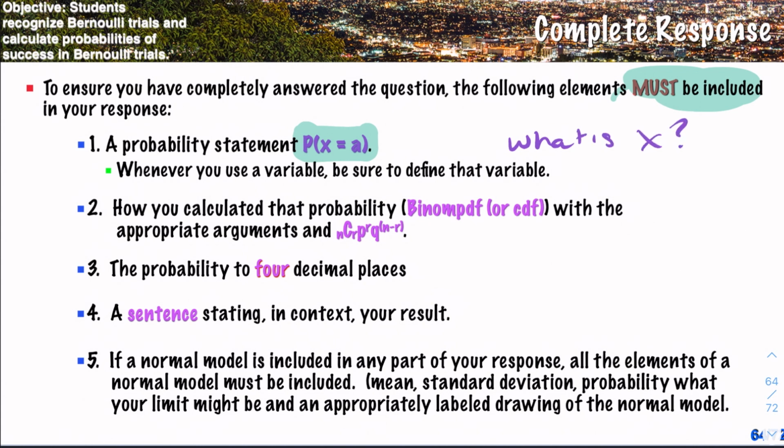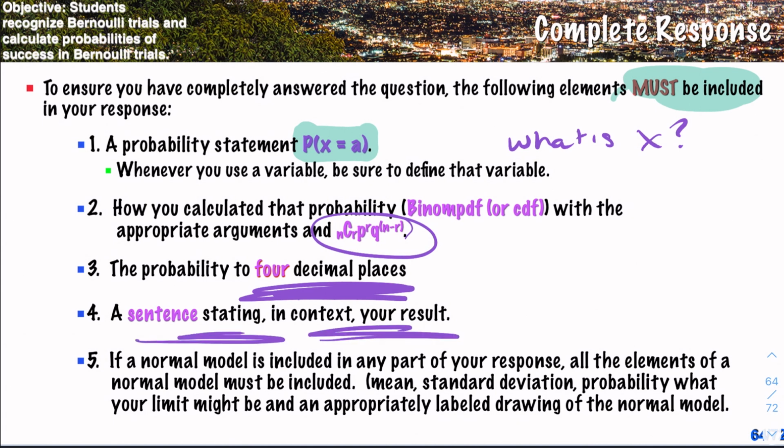Are we using binomial PDF or CDF or geometric PDF or geometric CDF or normal PDF or normal CDF? Appropriate arguments, and the AP test will most likely ask you to write it with nCr, p to the r, q to the n minus r. I need the probability to 4 decimal places. I need a sentence stating in context your result.